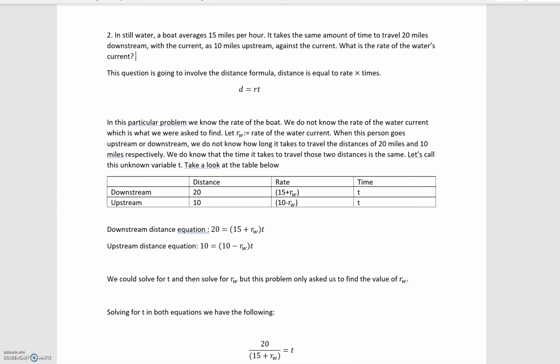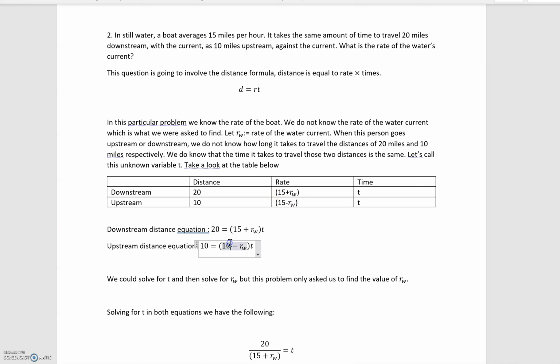So the rate of the boat, which is 15 miles per hour, is being aided by the current, which we don't know. When we go upstream, we're going 10 miles against the current. So the rate of the boat is going to be reduced by the rate of the current.